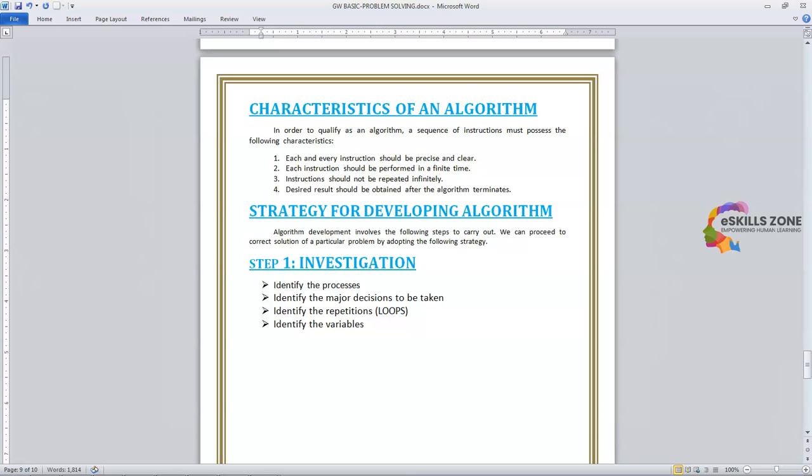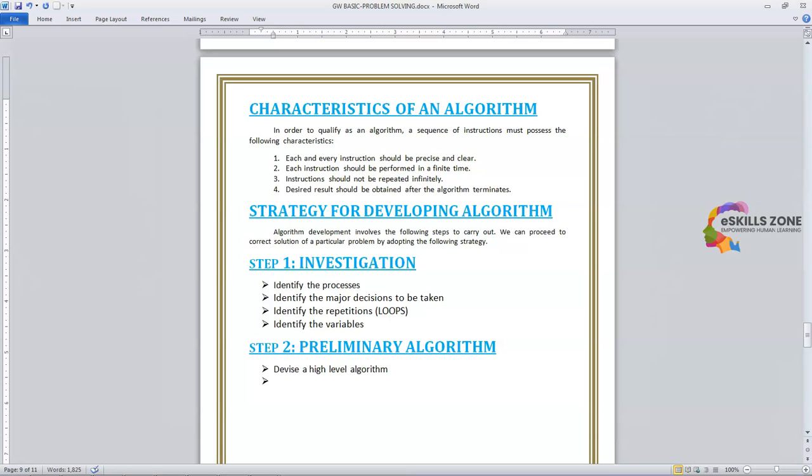The second step is step 2, which is known as preliminary algorithm. It also consists of certain steps, so we'll discuss them. The first step is devise a high-level algorithm.